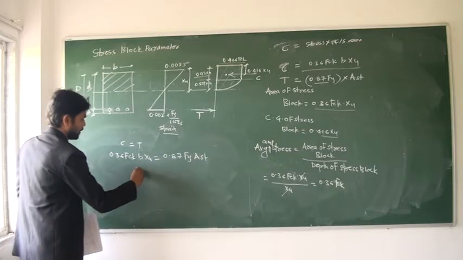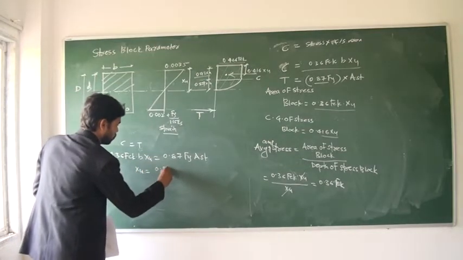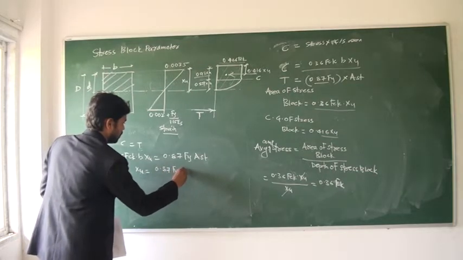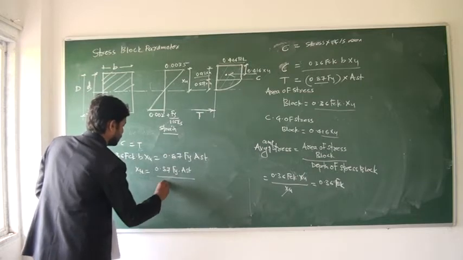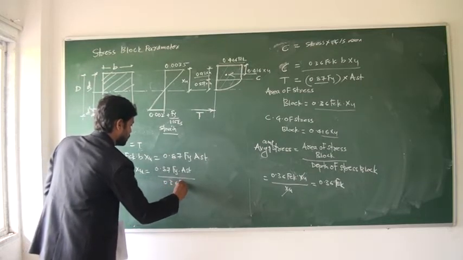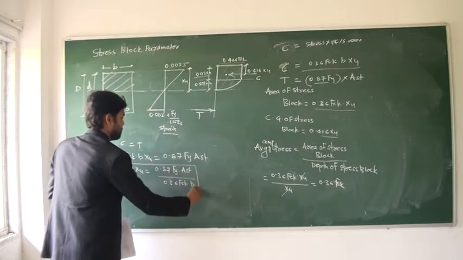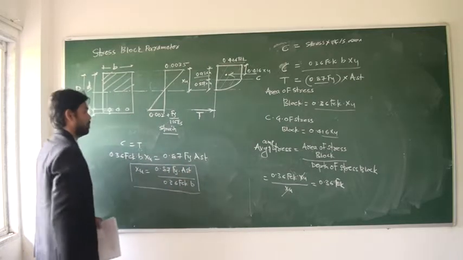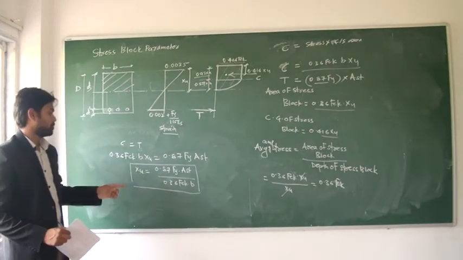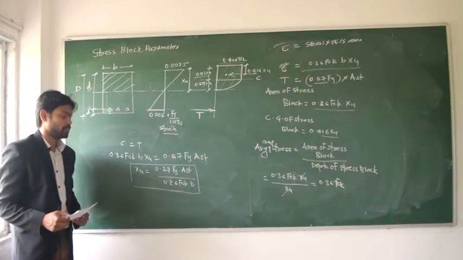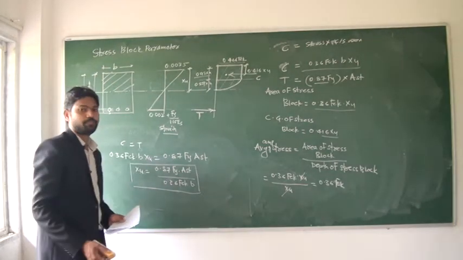When I have to calculate XU, that is the depth of the neutral axis, we get XU equals 0.87 Fy into AST divided by 0.36 FCK B. This is one general equation for calculation of neutral axis depth.